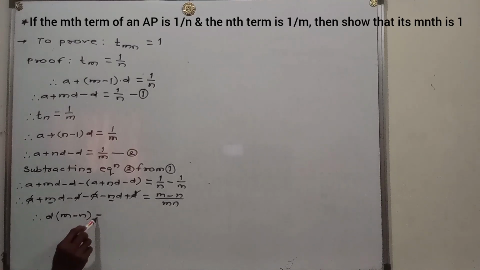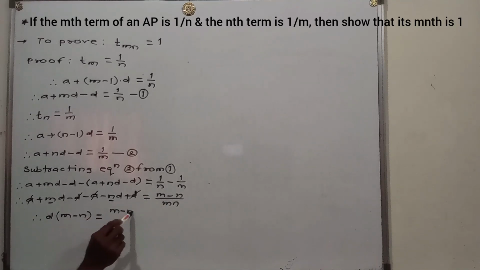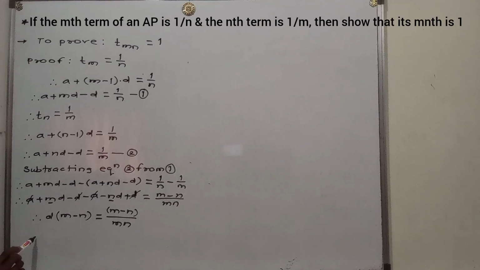Is equal to, see this, (m minus n) upon mn. Therefore d into (m minus n) is equal to (m minus n) upon mn. We take this to the right side and we will find the value of d.